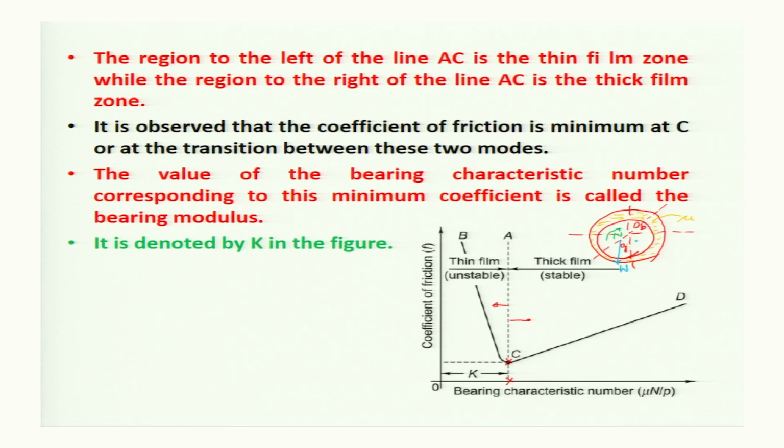Now you have some radius of the shaft. By design of the shaft, you have selected a radius of the shaft, and you have a bearing, and this bearing has length given by L. So from this R, L and N, the operating parameters, you will get the bearing characteristic number, and that is mu n divided by P. So let the parameters which you have selected land you somewhere here.